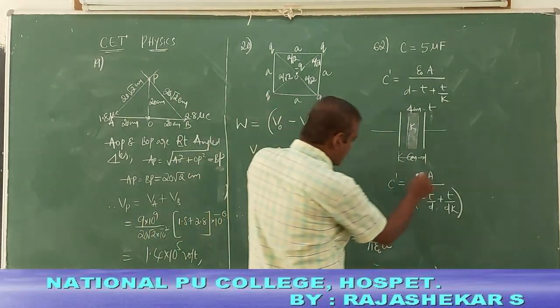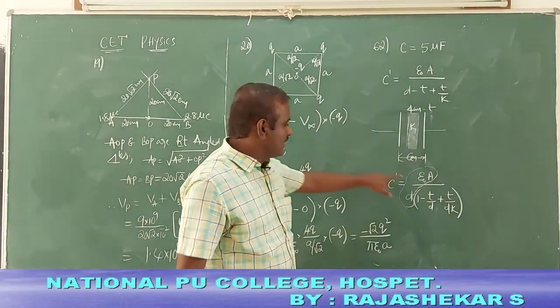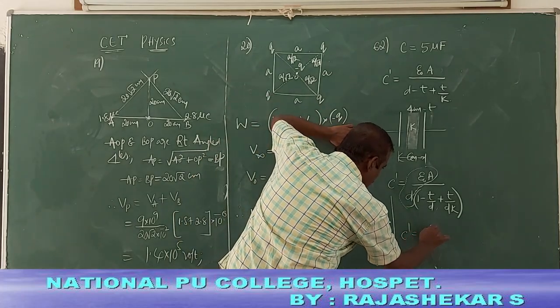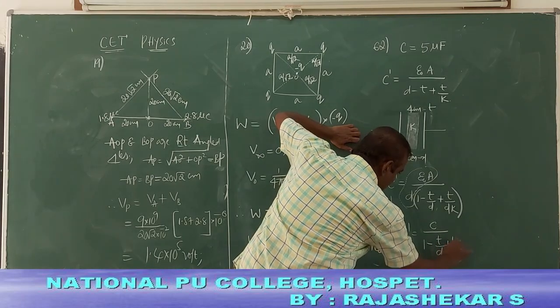So that I can write this as C. Refer to this, and T, D values you can substitute. So C dash is equal to C divided by 1 minus T by D plus T by DK.